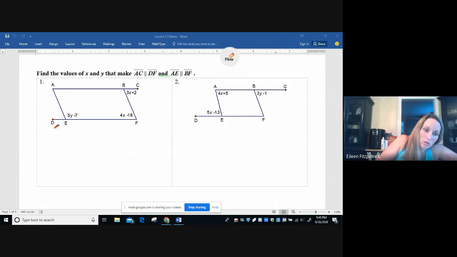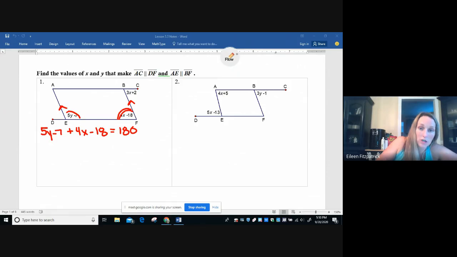So one equation you could write is that 5y minus 7 plus 4x minus 18 is equal to 180, right? These would be this angle here and this angle right here. In order for these lines to be parallel, they would have to be same side interior angles, which are supplementary.